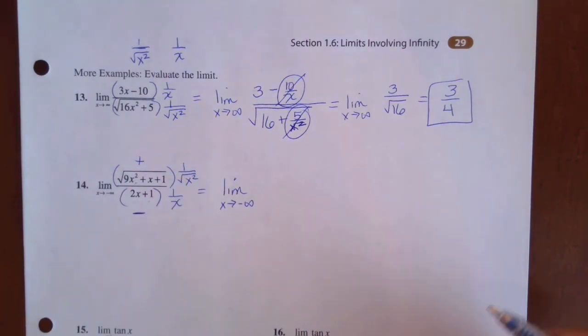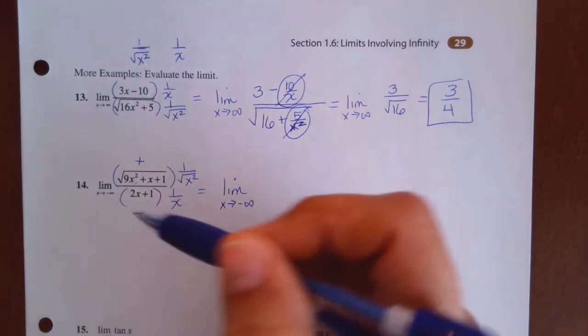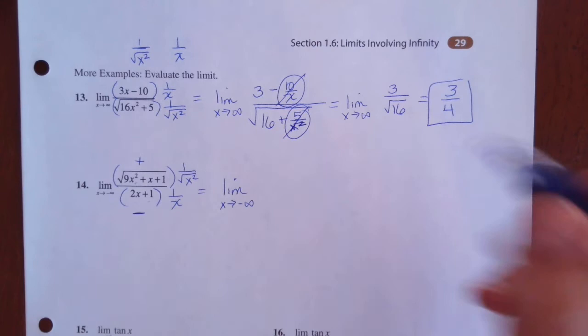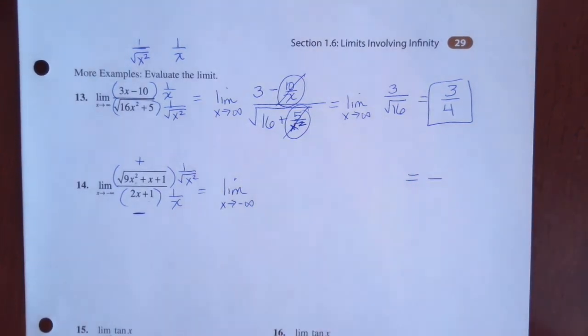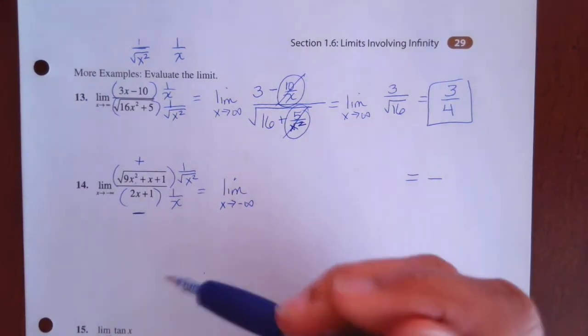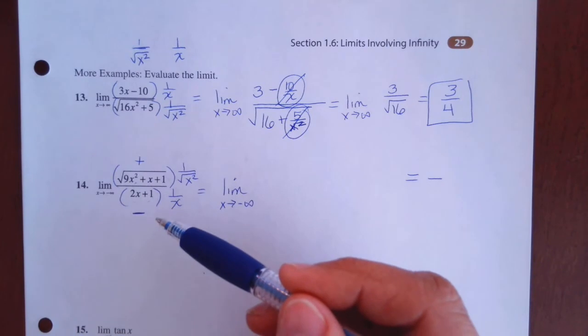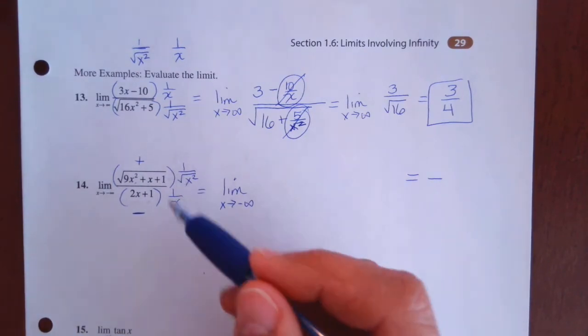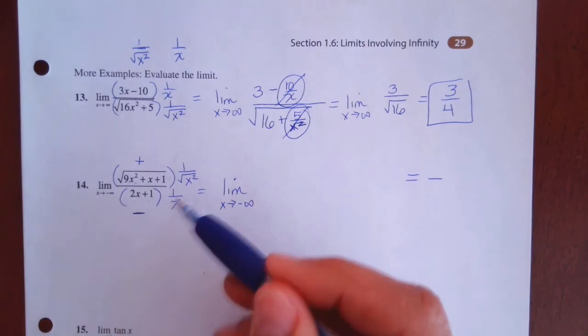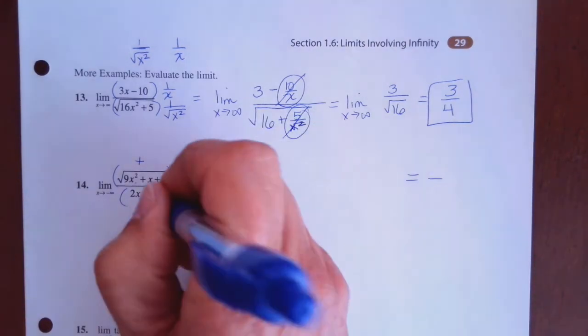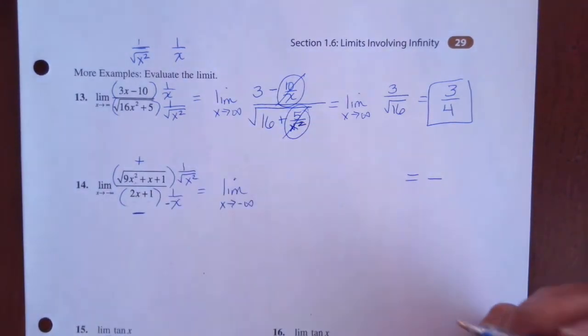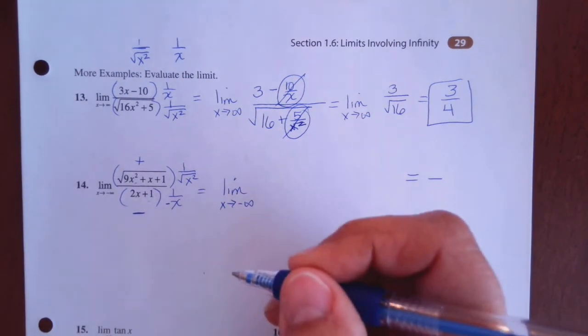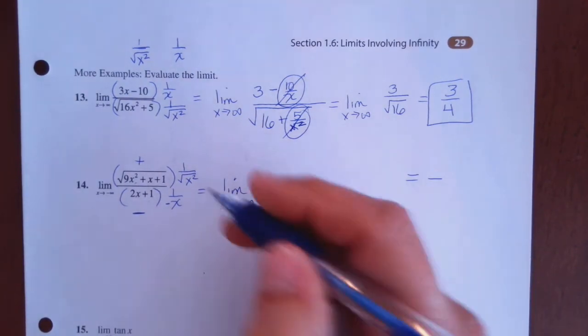I like to do this ahead of time because I know my answer is going to be negative, since I'm going to have a positive number divided by a negative number. Some instructors will teach you to multiply everything by 1 over negative x, and that'll change your sign as you go. That's fine as well. We'll do that.